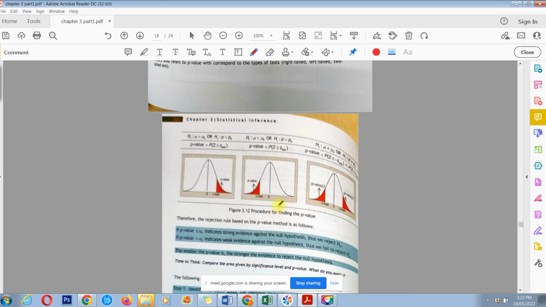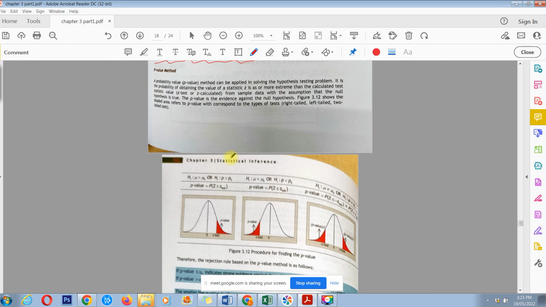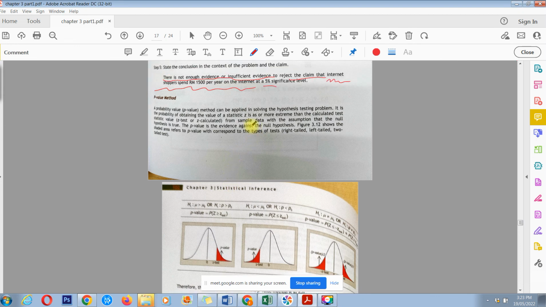Okay. So the p-value is evidence against the null hypothesis.